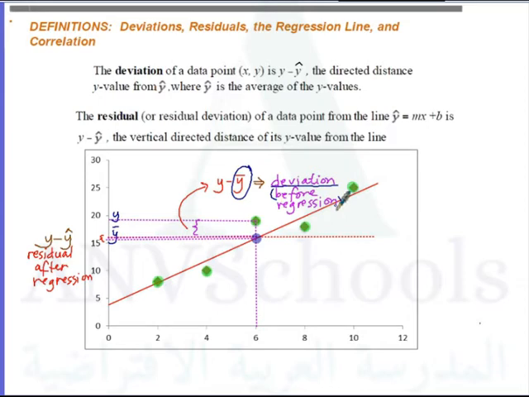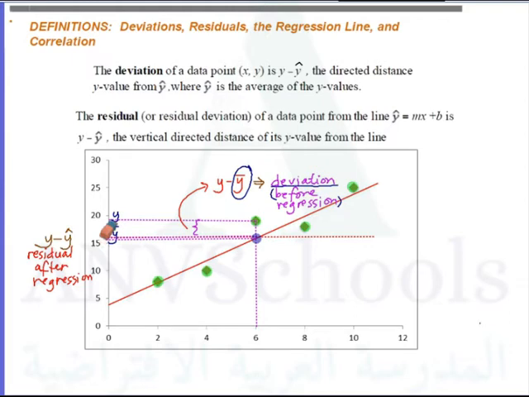Now after regression, when you found a line which best fits the given scattered data, now the deviation from the data point to the y, okay, where is our y hat? This is our y hat, and where is our y? This is our y. Oh, okay. I think I made a mistake here.